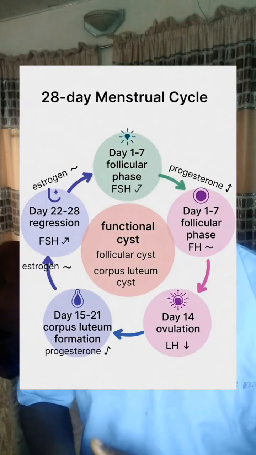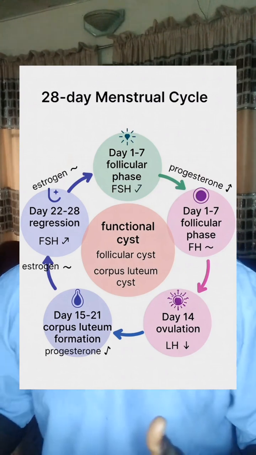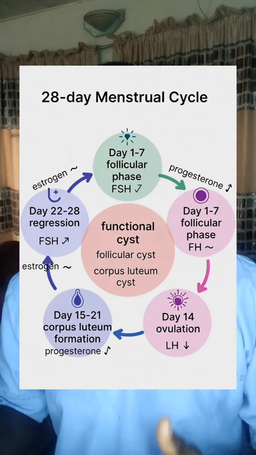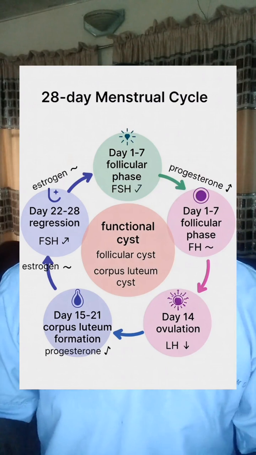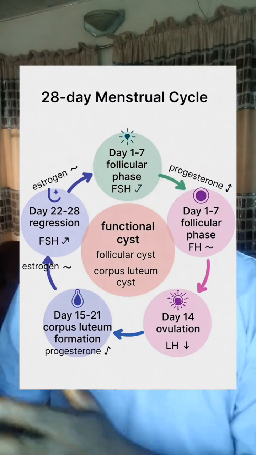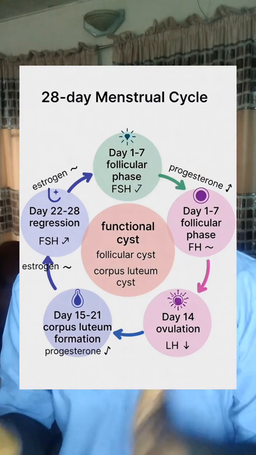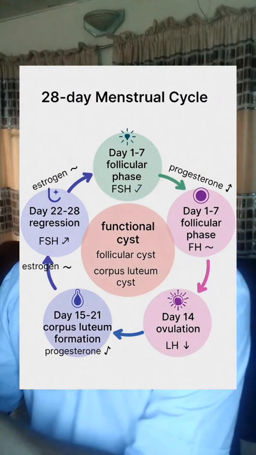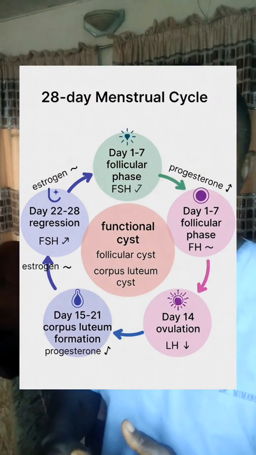The ovarian cycle could be categorized basically into the follicular phase and the corpus luteum phase. In between them is the ovulation. Say the follicular phase, the ovulation, the corpus luteum phase.